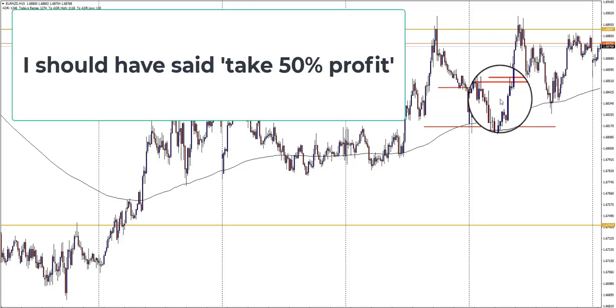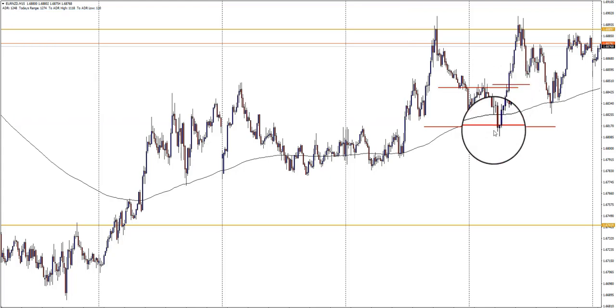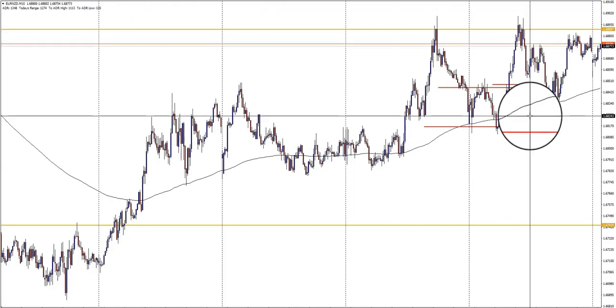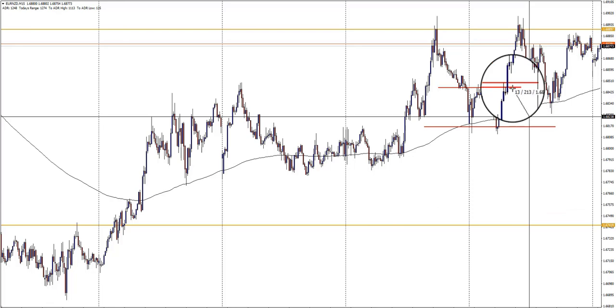But in this case, I would take profit right at this point while leaving my stop exactly at that point. But it's only in the condition where, from my entry to that point, I have at least a 1-to-1.